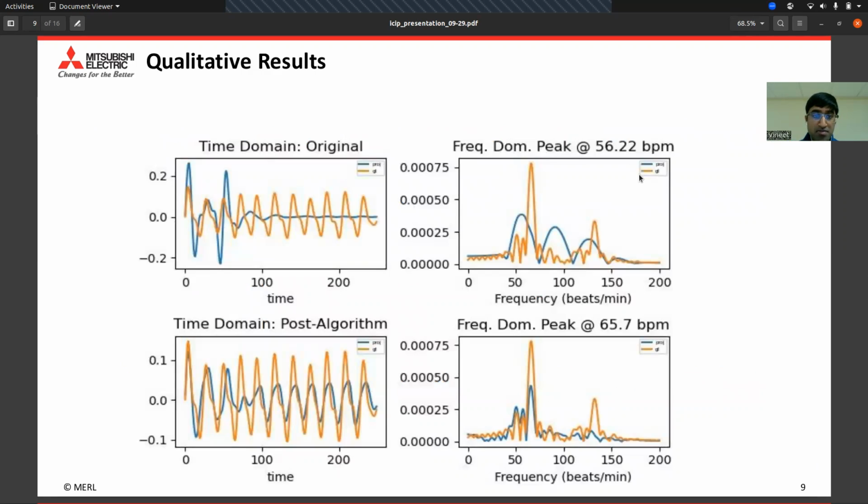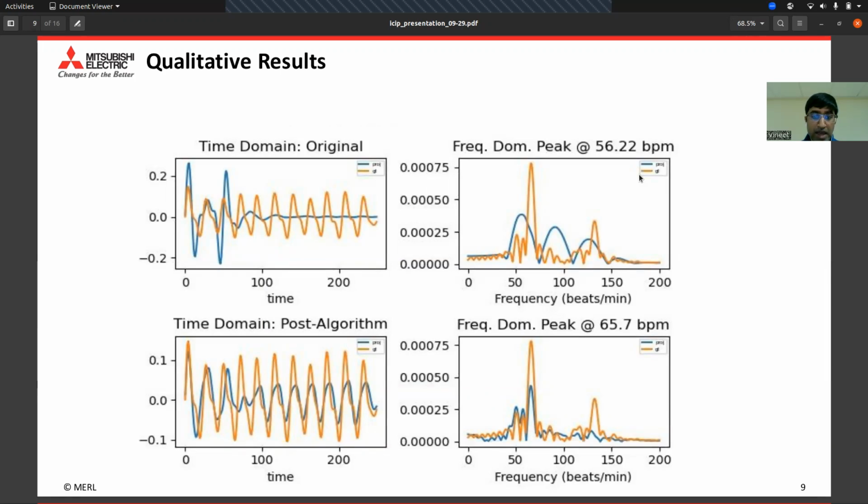In all diagrams here, the blue signal is our empirical signal, which is passed through our algorithm, while the orange signal is the ground truth. The top row is our empirical signal before running our algorithm, while the bottom row is our empirical signal after our algorithm. What we can see is that in the time and frequency domain before our algorithm, the signal that we have is noisy, and it contains erroneous frequency peaks that do not capture the true underlying pulse rate.